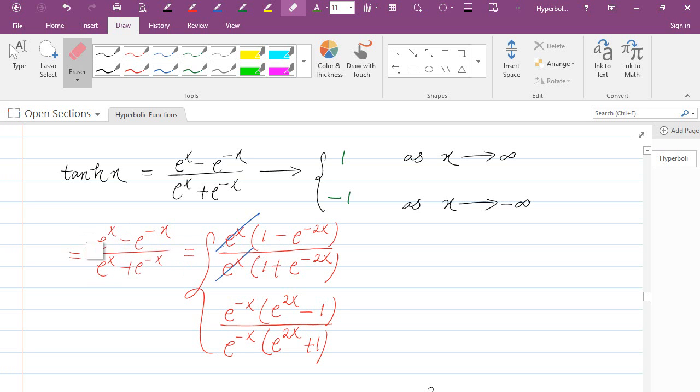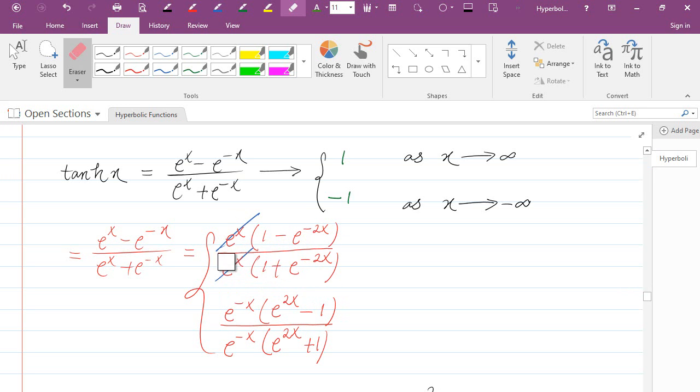When I multiply this with e to the minus x, I get 1. When I multiply this with e to the minus x, I get e to the negative 2x. So that's the effect of factoring out e to the x. Similarly here, when I factor out e to the x, I get 1 plus e to the negative 2x in the parentheses. The e to the x cancels out, so I end up with this only right here when I cancel this out.